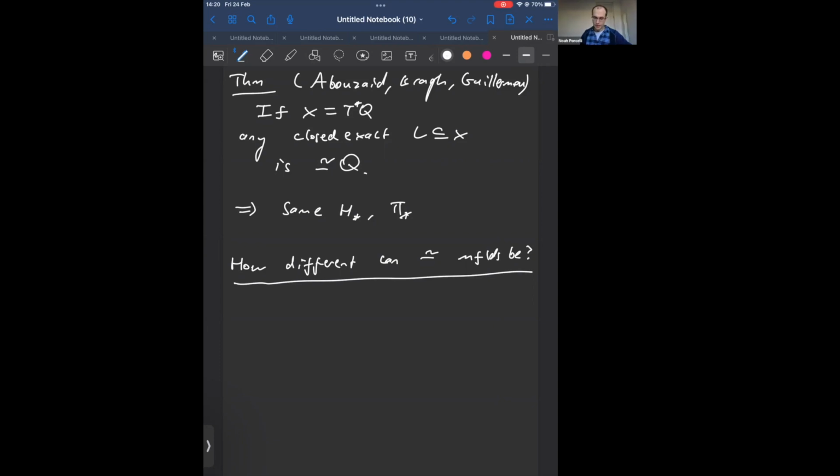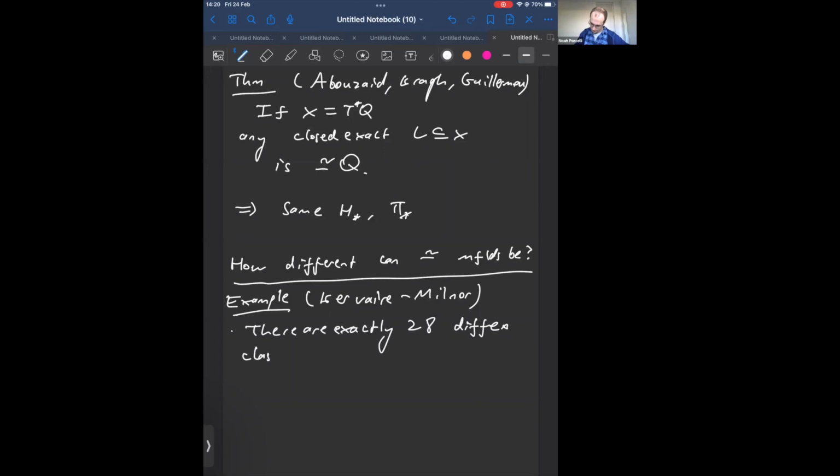This is obviously a pretty hard question, but if you start with maybe the simplest version, which is what types of manifolds can be homotopy equivalent to a sphere, you find the following, due to Kervaire-Milnor, and this is still pretty hard to prove: there are exactly 28 distinct diffeomorphism classes of manifolds which are all homotopy equivalent to S^7.